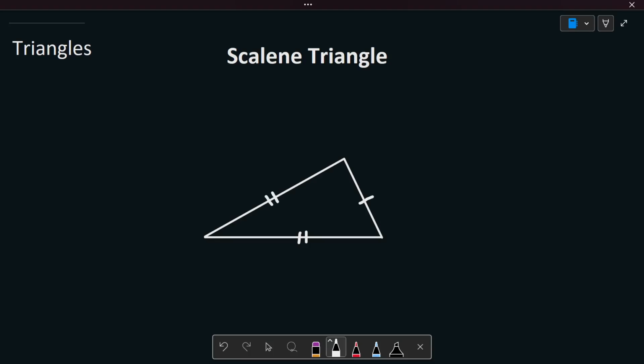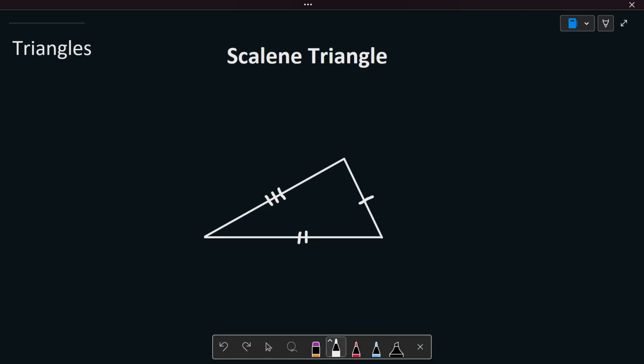And this is what I also wanted to point out, that the different use of signs over here indicate which sides are equal to each other. And because all of them are different, therefore we can conclude that all the sides are not equal to each other. And that is what a scalene is. A scalene triangle is when every single side is not equal at all. No sides in the triangle are equal.